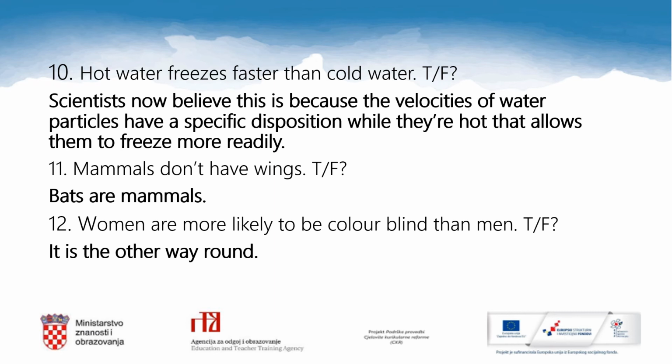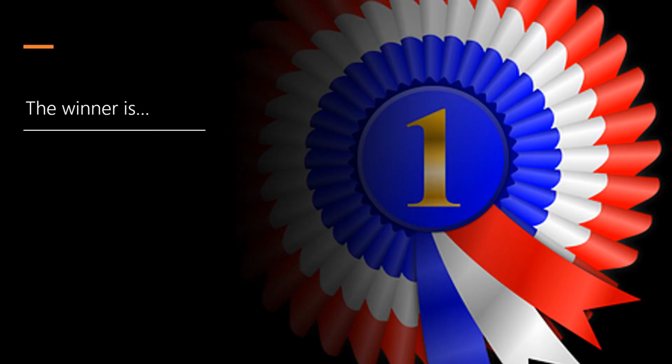Men are more likely to be colorblind than women. So, thank you for joining, and we have the winner. And the winner is Leah. She had most scores and she's the winner.